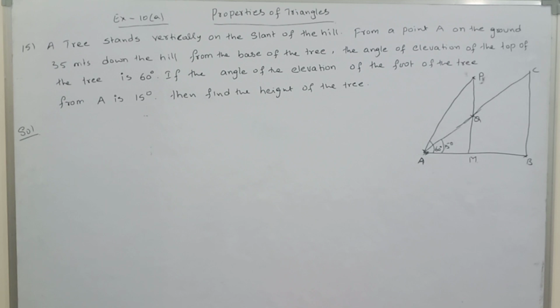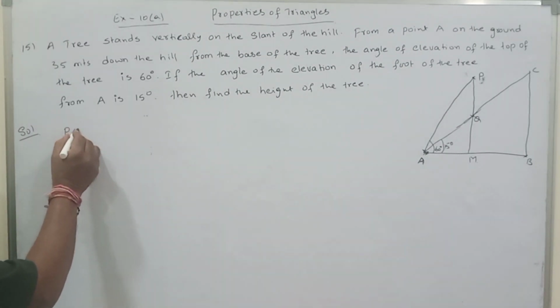Okay, before going to discuss the figure, first we have to write the steps. What are the steps here? First one, a tree stands vertical on the slant of the hill. That means the height of the tree.